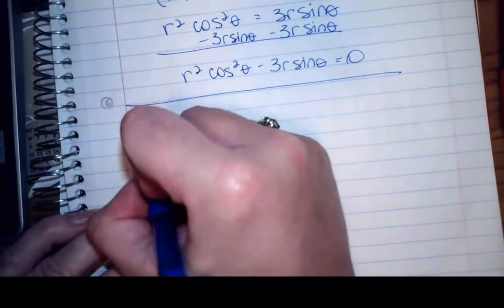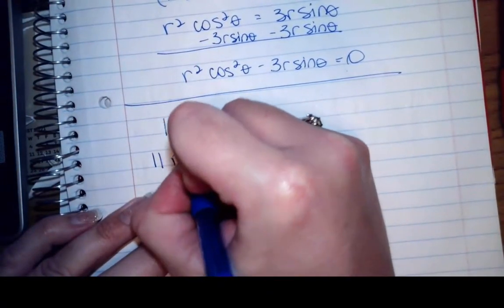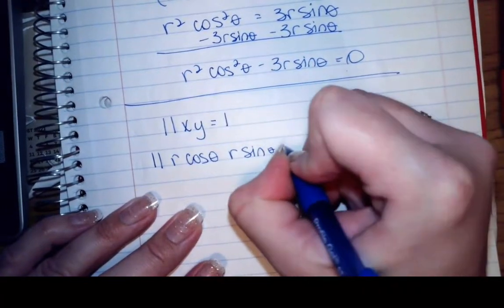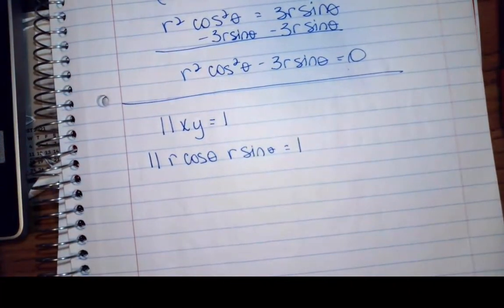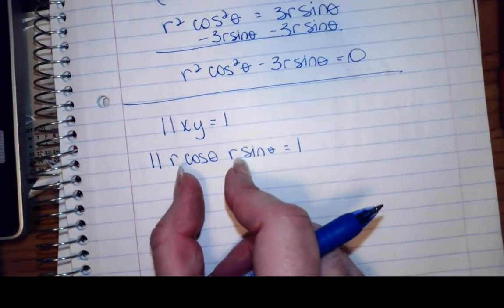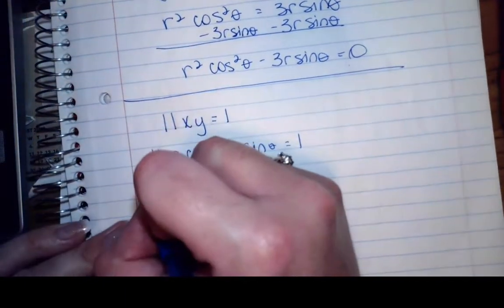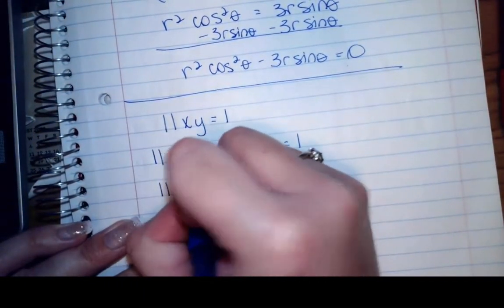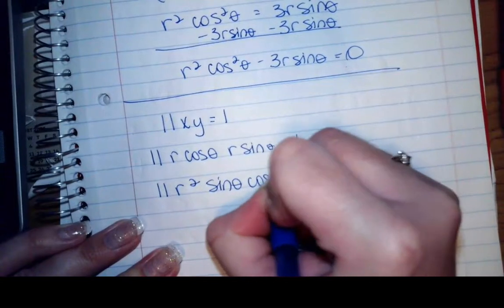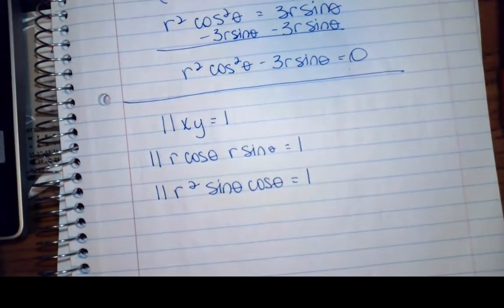So I have 11 times r cosine theta times r sine theta is 1. And then I can combine like terms, and I can go ahead and get 11 r squared sine theta cosine theta is 1.